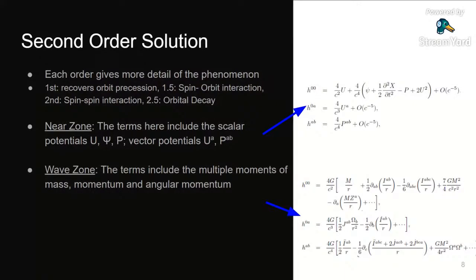And the orbital decay, as in the bodies coming closer to each other because they're giving out gravitational radiation or gravitational waves, comes at 2.5 order. So it is totally up to us to what extent we want to go. But the current state of the art is 6 PN, I think. And we are getting everything as of now, whatever we want. We can obviously go to higher orders, but that is going to need a lot of computational power.